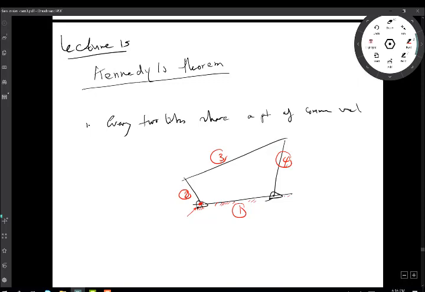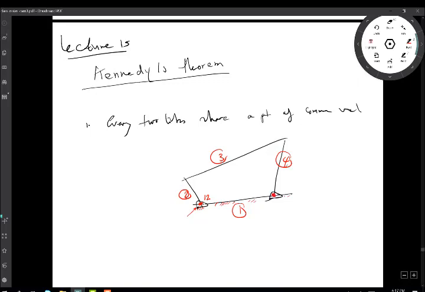So this point falls on link number 2 and also on the ground because it has a 0 velocity, which is common between the two links. So I can call this point 1, 2. That's one of the obvious points.